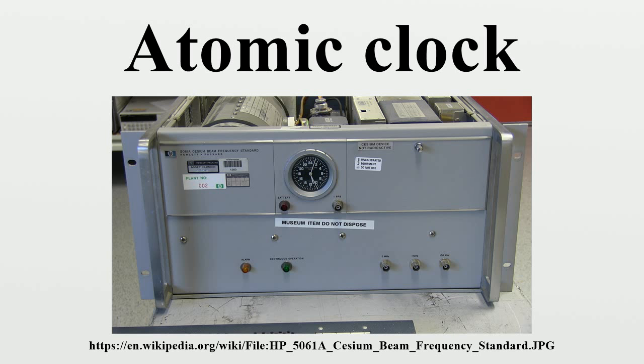Mechanism. Since 1967, the International System of Units has defined the second as the duration of 9,192,631,770 cycles of radiation corresponding to the transition between two energy levels of the cesium-133 atom.